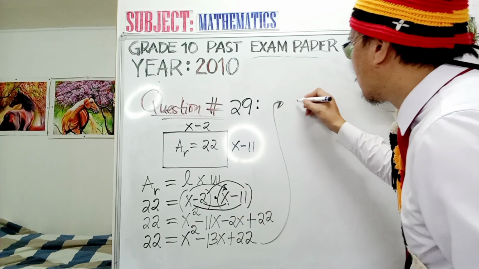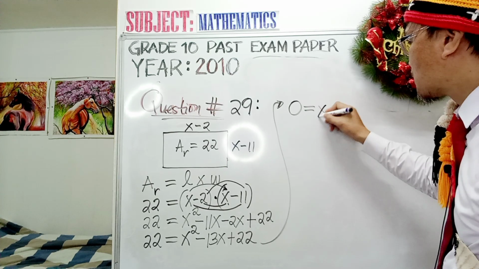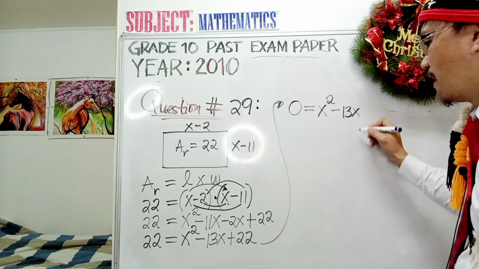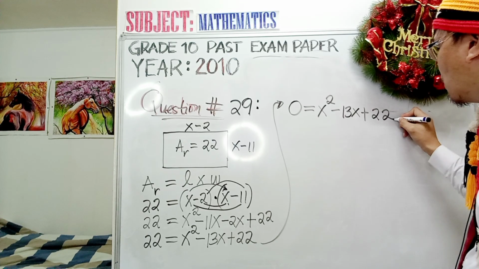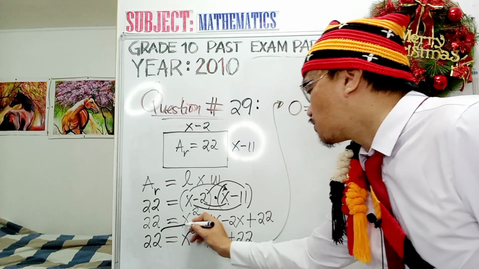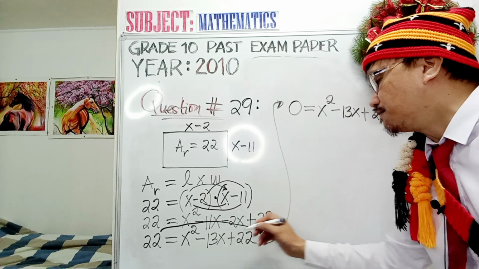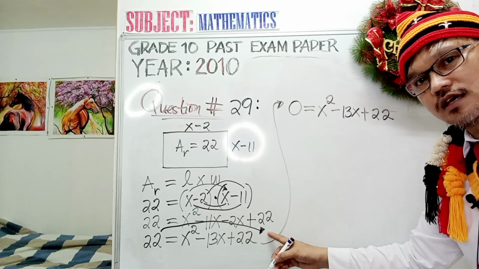This now becomes 0 is equal to x squared minus 13x plus 22. When you move positive 22 to the other side of the equation, the positive sign becomes negative.